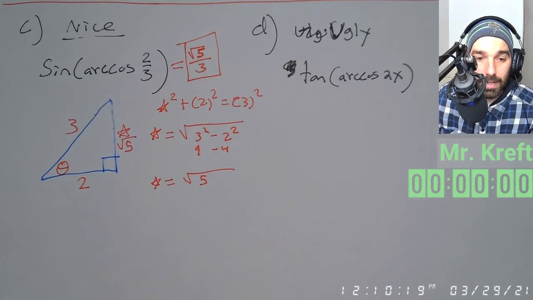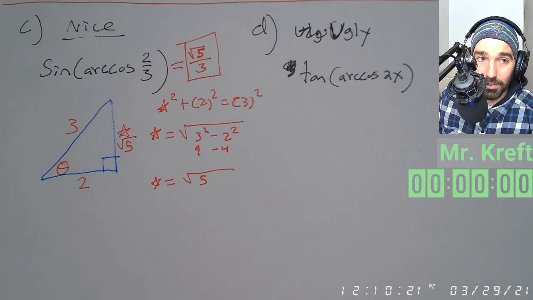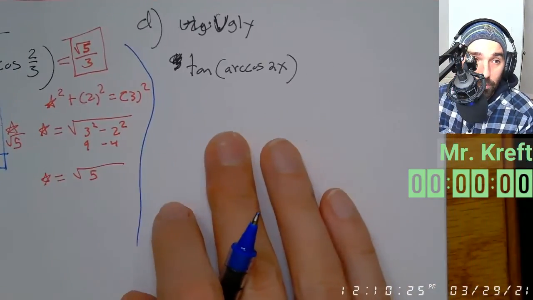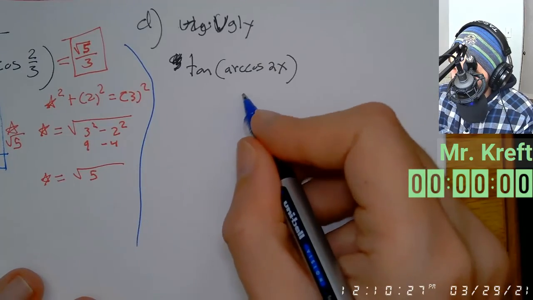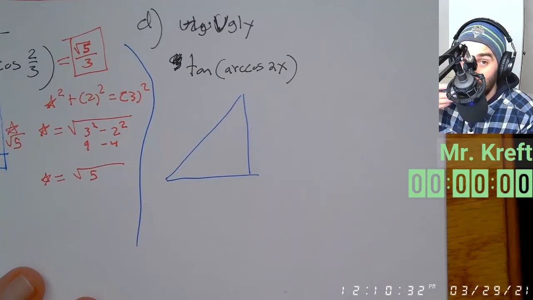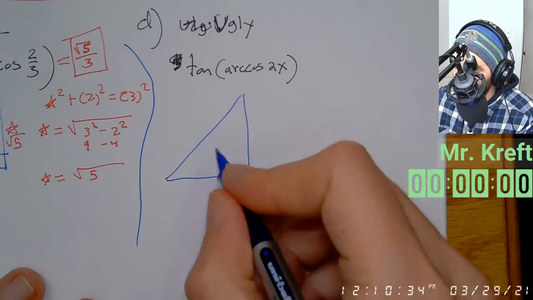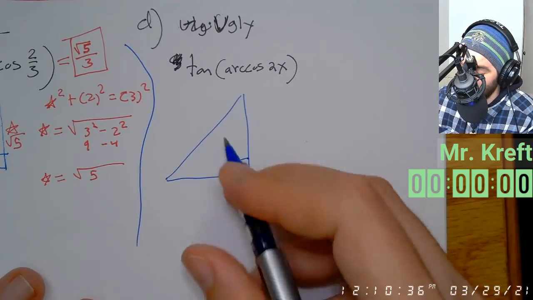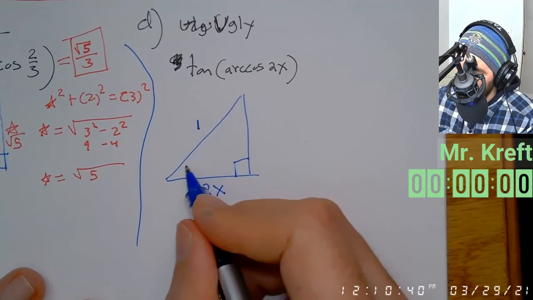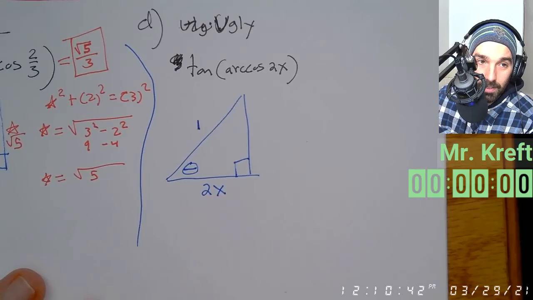And if you guys want me to go over that a little bit more in depth, stick around just a little bit. And I can do that because I want to respect your time and go over this one really quick. So I'm going to draw a right triangle. So cosine is 2x. There's a couple different ways, but the easiest way to do this is to use a unit circle. So cosine is 2x over 1. I call this theta.